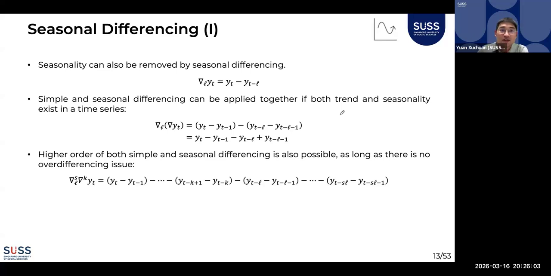Okay, seasonal difference. Here you can see we use yt minus yt minus L, if the seasonal length is L. This is the seasonal difference, denoted nabla L yt. Of course, we can first do the first order difference to get the nabla yt series.